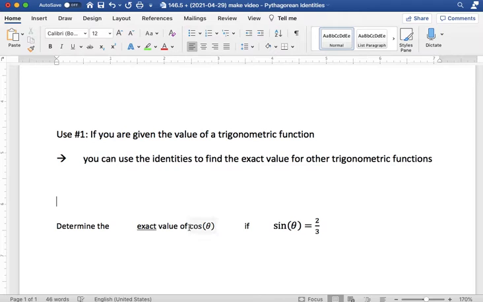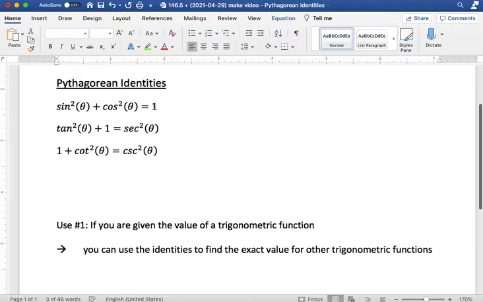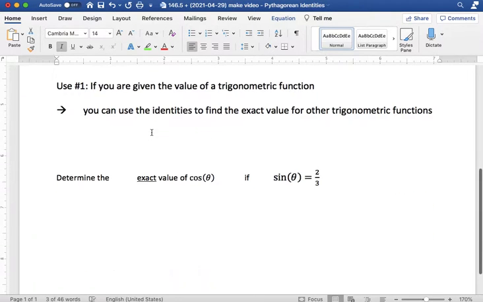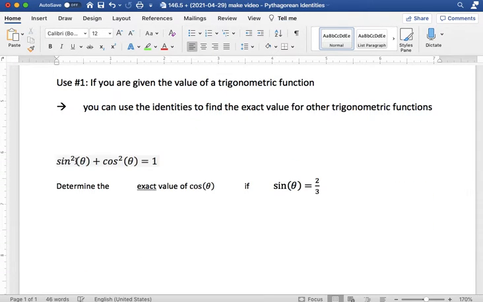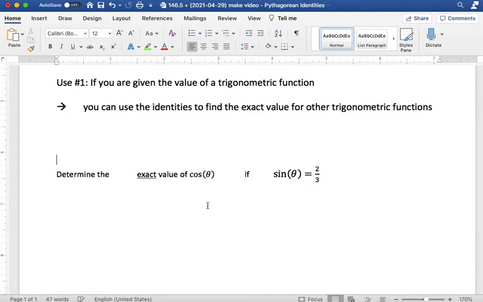So since I'm going to use the Pythagorean identities to solve this, and since the problem has sine and cosine, I know I'm going to use this one. Let me just put this over here to remind myself. All right.